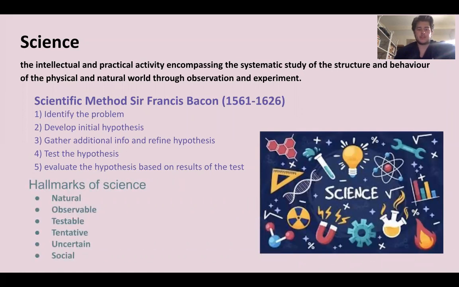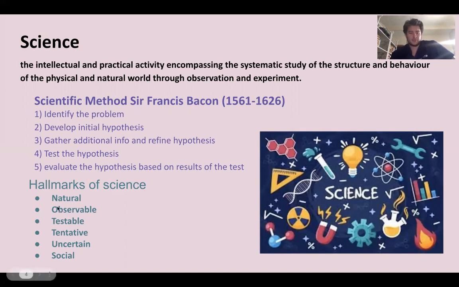Now, when it comes to science itself, we can recognize it by its hallmarks. Those are natural, observable, testable, tentative, uncertain, and social. When we're talking about a natural occurrence, we're just talking about something that happens within nature, a mechanic of nature, something like gravity, or I guess the stars in this case and the way they move about.